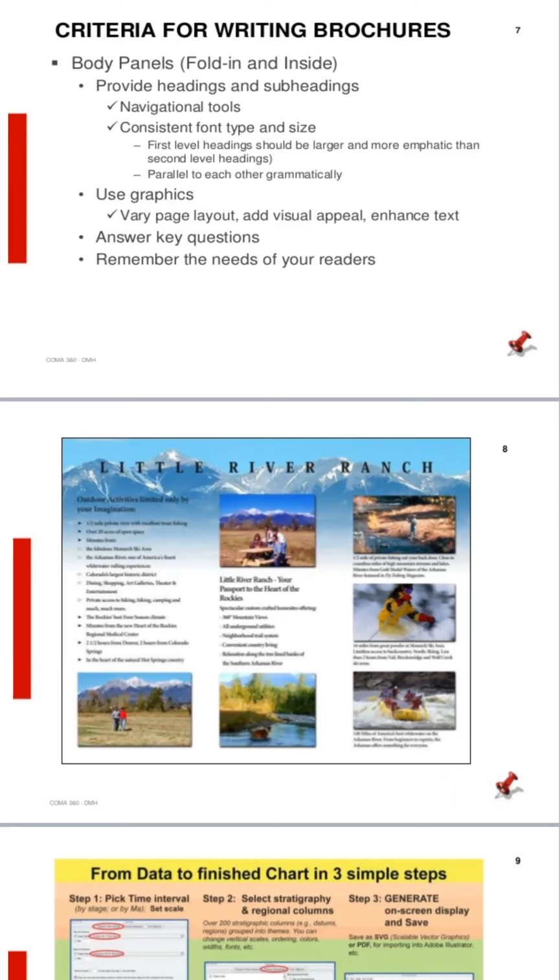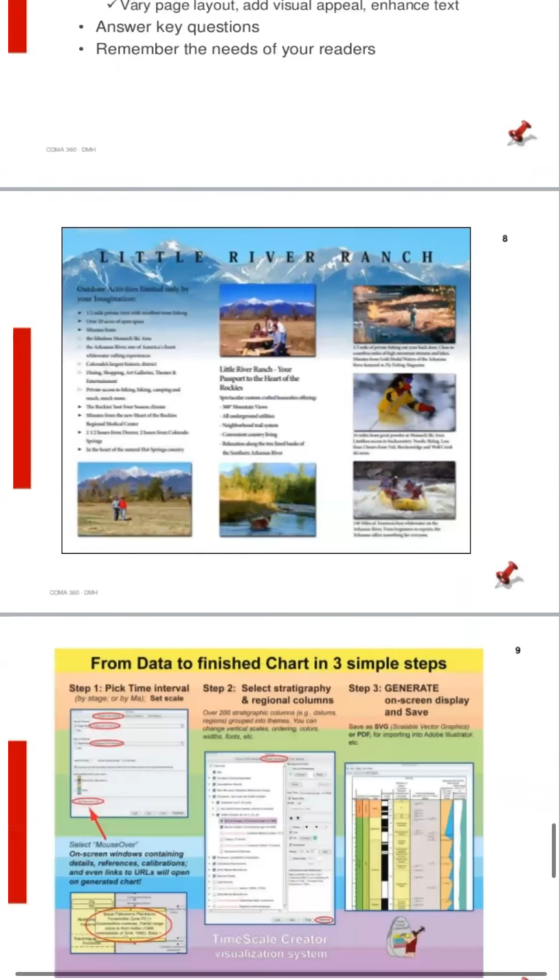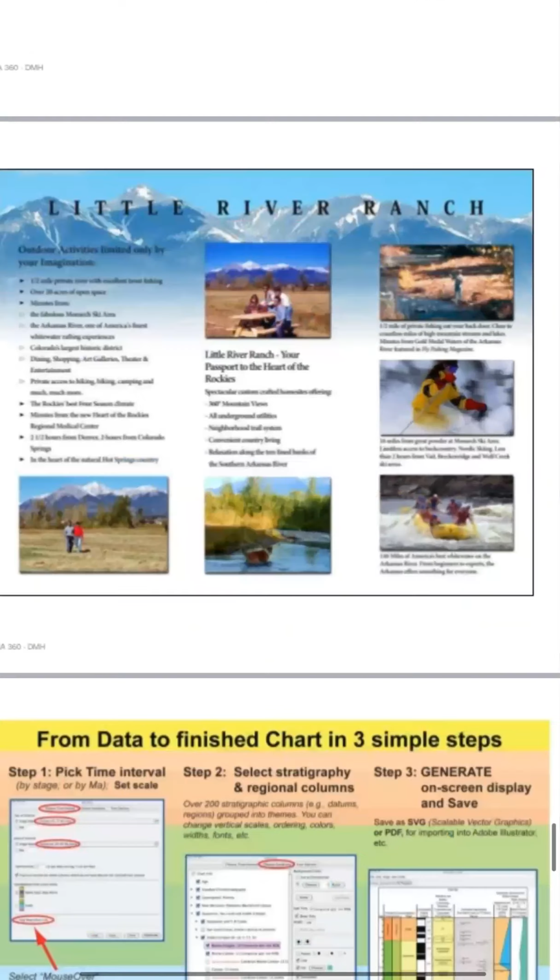If you see the brochure, this is a brochure that I have shown you. The very first top heading is about Little River Ranch, and you will see they have not only shown the river side, but they have also shown what activities people do there. And not only in the river, but alongside of the river, whatever else is there, what area they have covered.